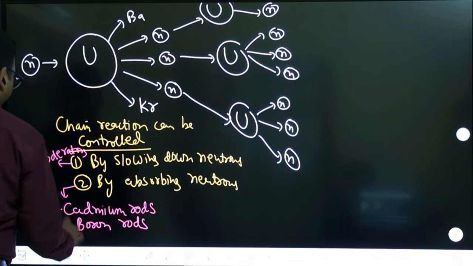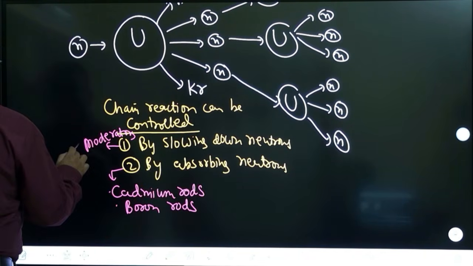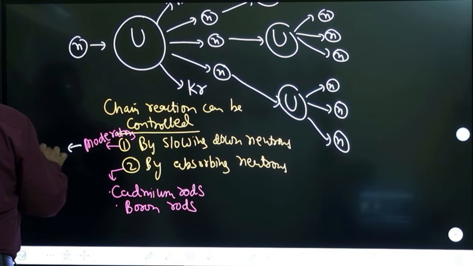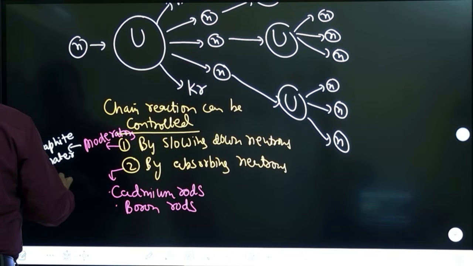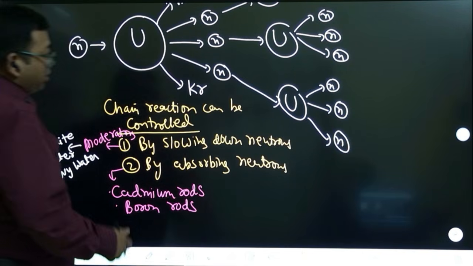Boron rods and cadmium rods are used for absorbing neutrons, and moderators are graphite, water, or heavy water. These are the things which are used as moderators. Definitely we can control them.